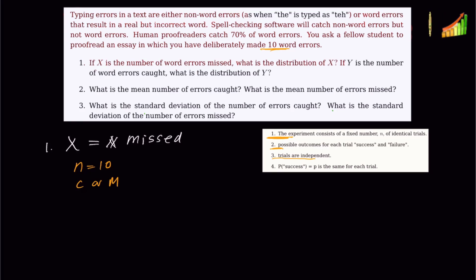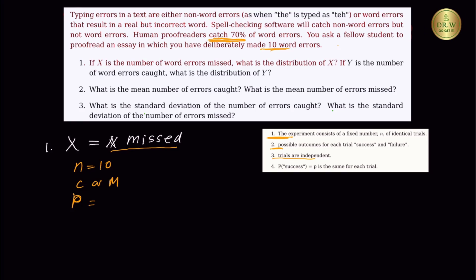The success probability. Okay, success probability we use P. So what is the success probability here? We use X for the missed, right? Therefore, success probability should be the probability of miss. Now you see catch 70%. If they catch 70%, then what is the percentage of miss? 30%.